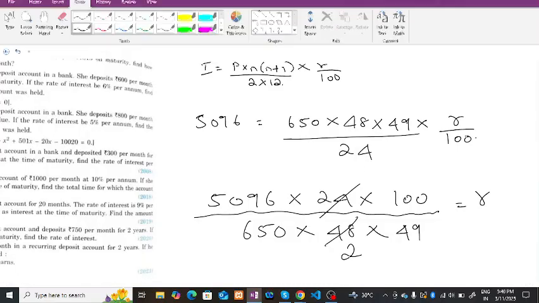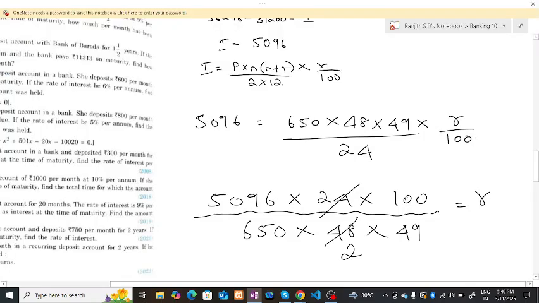Yes, Naomi, there is 49 given, right? In the denominator, we have 49. So which times table can we reduce for 49? 49 is a perfect square, right? 7 times table. Yes, 7 sevens are 49.